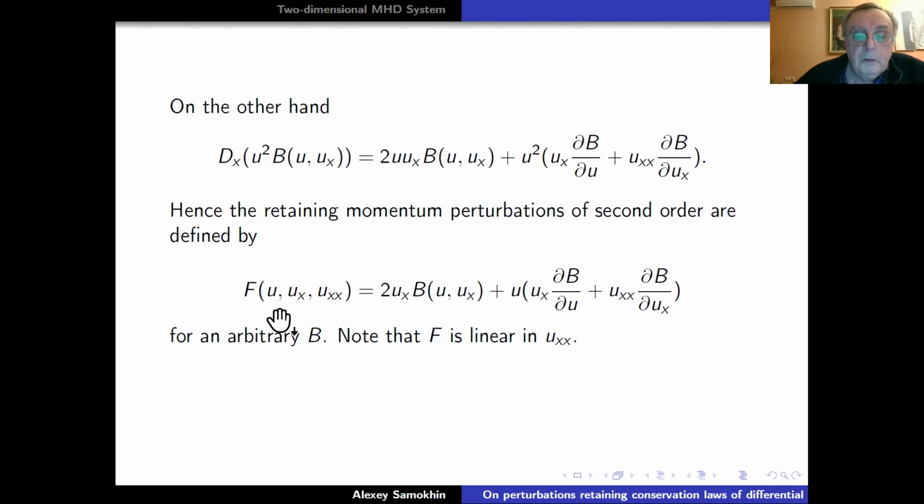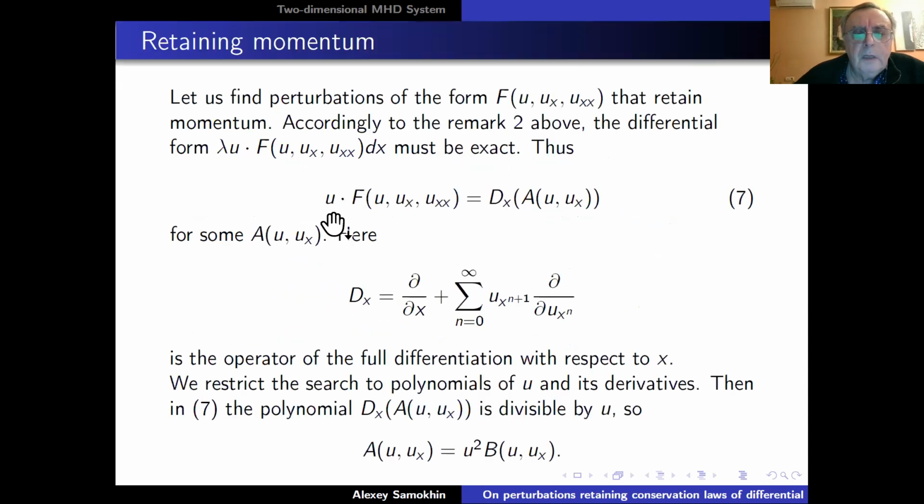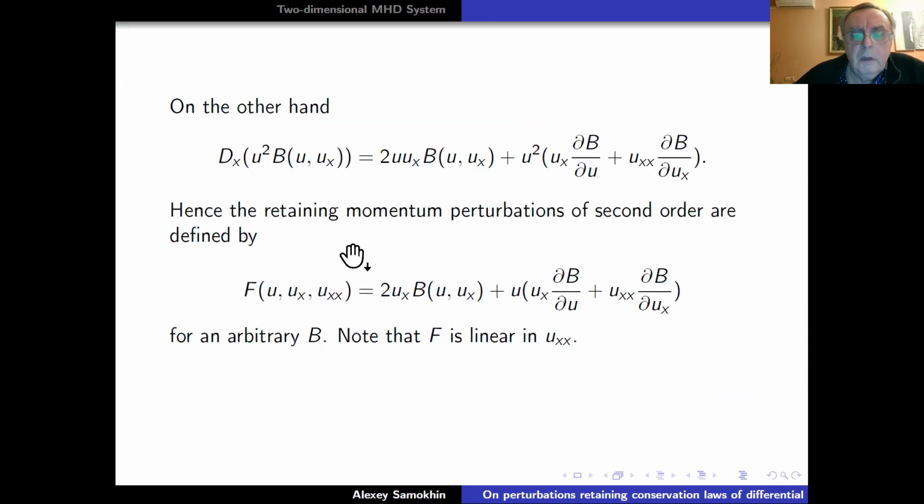And so we obtain that it is u by f, and when u is omitted, we obtain the perturbation which retains momentum.